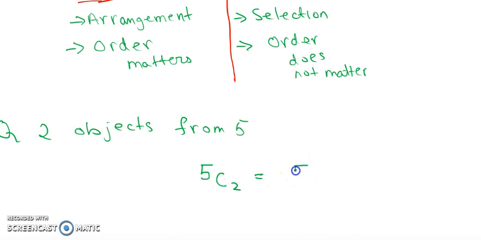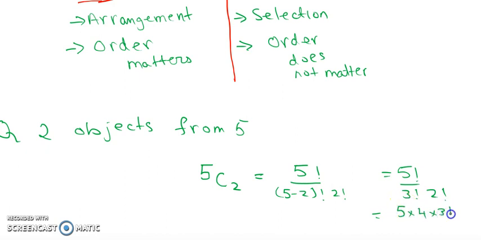So you immediately write down the factorial notation: 5 factorial over 5 minus 2 factorial over 2 factorial, which gives you 5 factorial over 3 factorial over 2 factorial, which is 5 times 4 times 3 factorial over 3 factorial times 2 factorial, and the 3 factorials get cancelled.